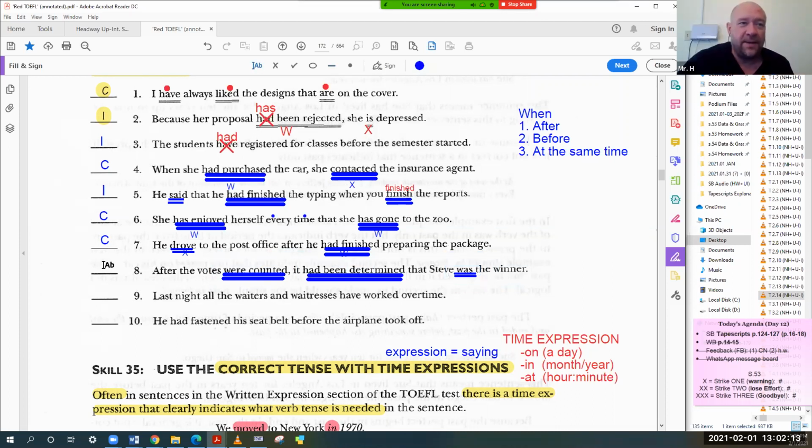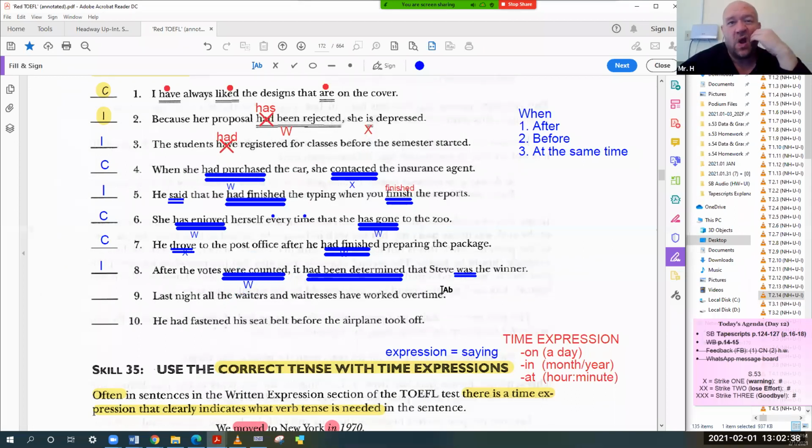Exactly. This sentence is incorrect. We should put an X after the votes. This one should be W. Right? This should be W here. Do you understand? So you should change it. This one should be W.